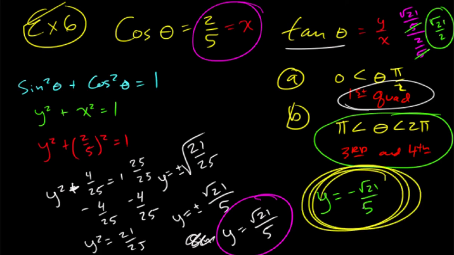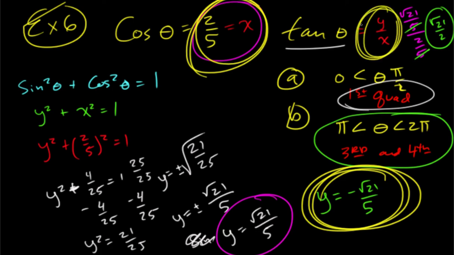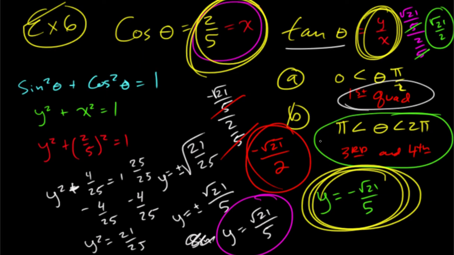And this time I'll take this y and the same x, plug it into here. So I get negative square root of 21 over 5 over 2 over 5. Once again, those denominators cancel. I get negative square root of 21 over 2. And that's my case B answer.